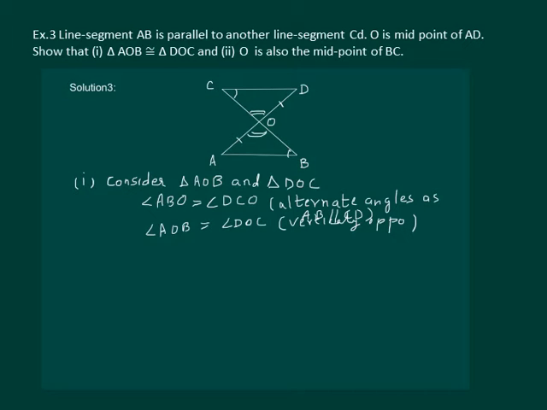Also, it is given that OA is equal to OD. Hence, we have triangle AOB congruent to triangle DOC by AAS rule.